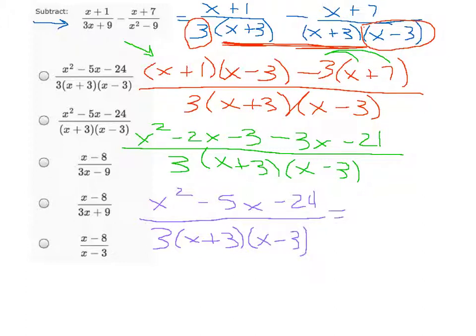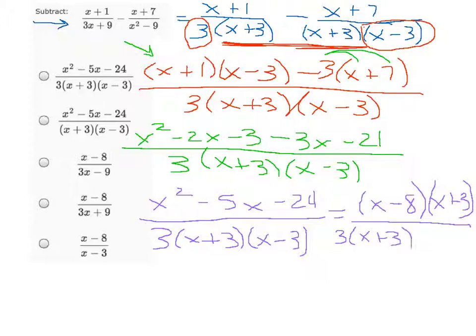And if we factor our numerator, we're looking for two numbers that multiply to a negative 24 that will add to a negative 5. So we have x minus 8 times the quantity of x plus 3 over our common denominator, 3 times the quantity x plus 3 times the quantity x minus 3.